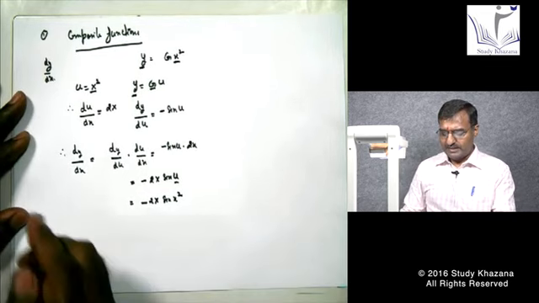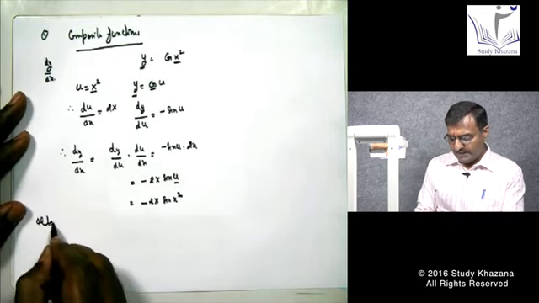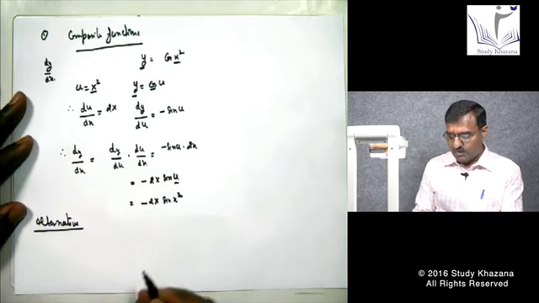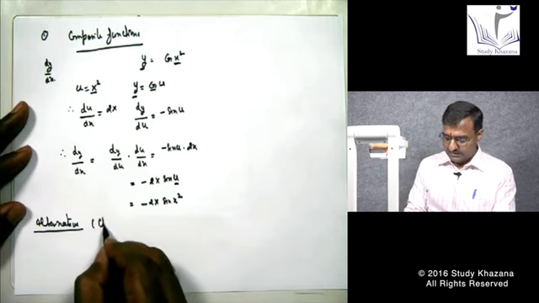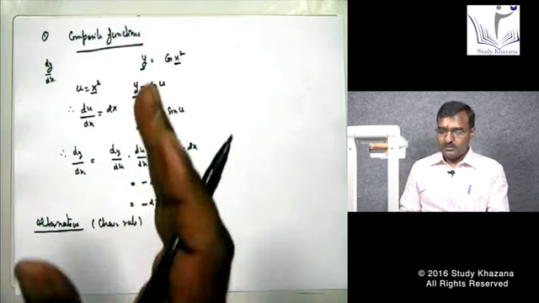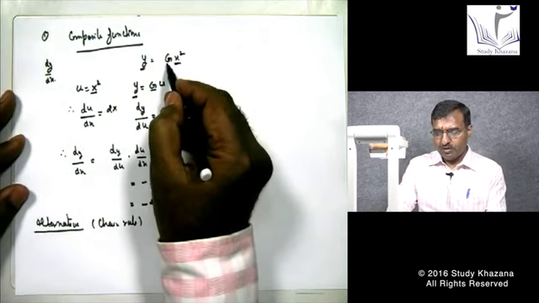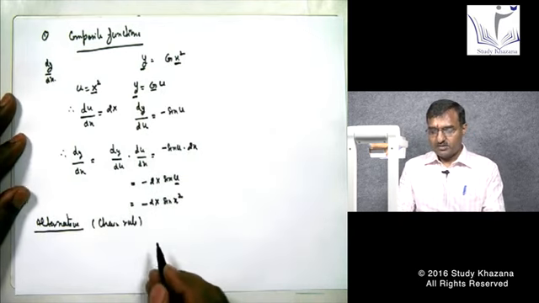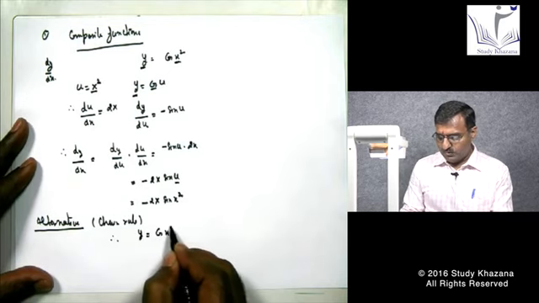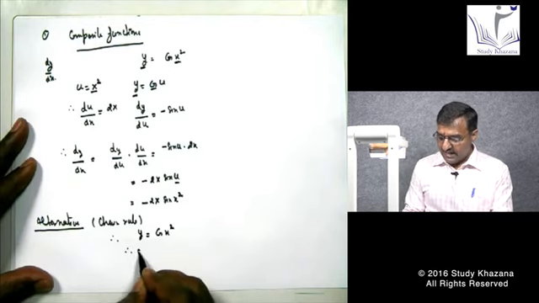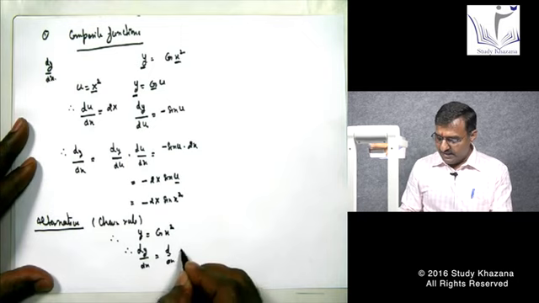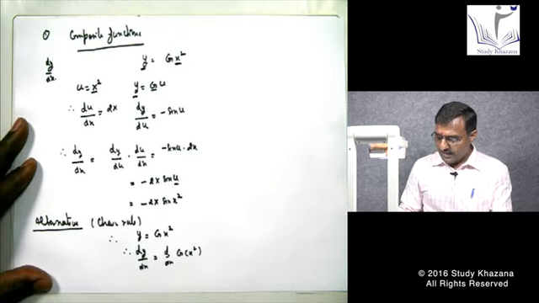Now there is one alternative method in which we can directly do the derivative. What is that? That is known as the chain rule. In the chain rule, we start the derivative from the first function till the end. So how will we proceed? We proceed directly. Say if y is equal to cos x square, I will write dy by dx equal to d by dx of cos x square.